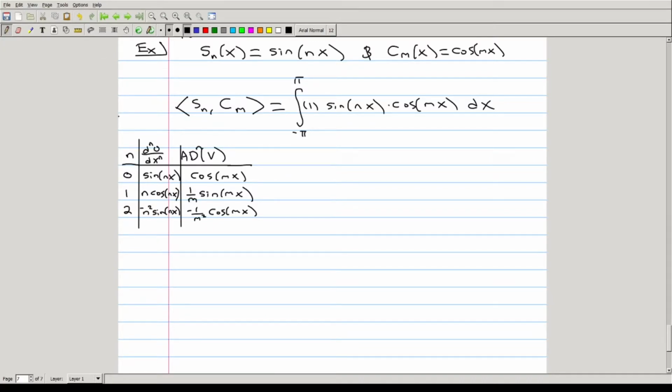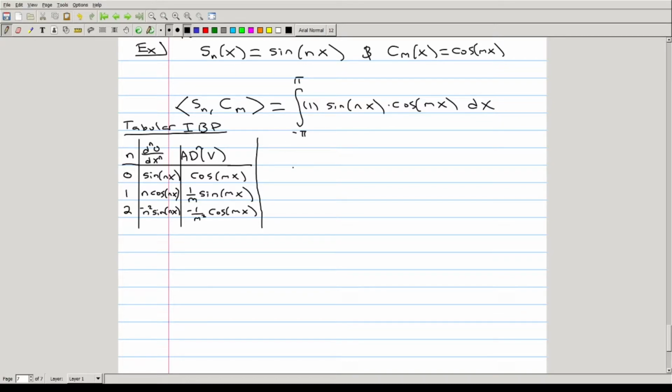So this is called tabular integration by parts. And whenever you have to do multiple integration by parts, it's really the most efficient way of going through and getting all of the terms in the resulting integration by parts.